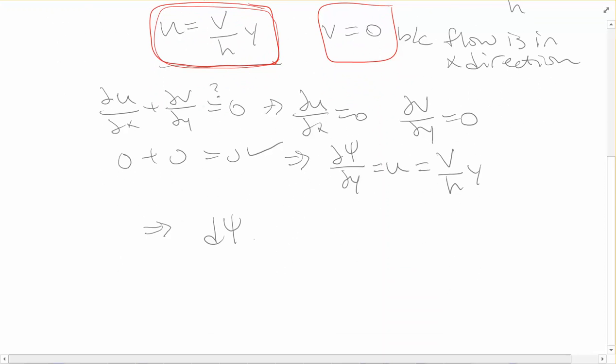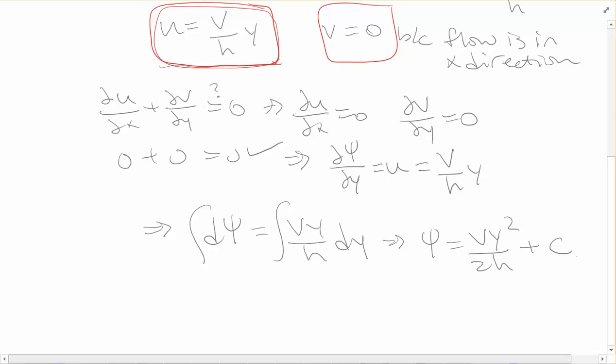We've got d psi equals Vy over h times dy. Integrate both sides, and you get that psi is equal to Vy squared over 2h, plus some constant c. So that'll be our stream function.